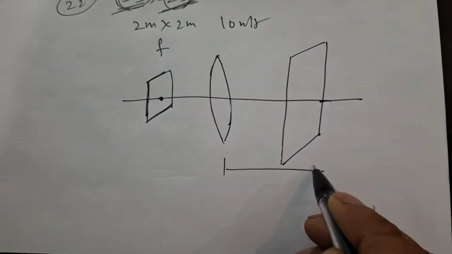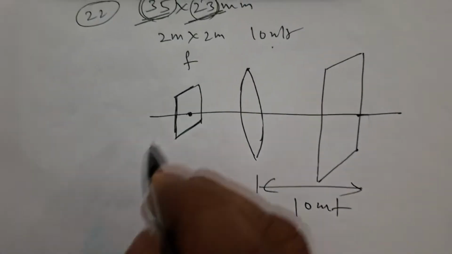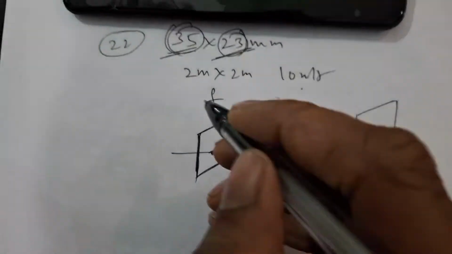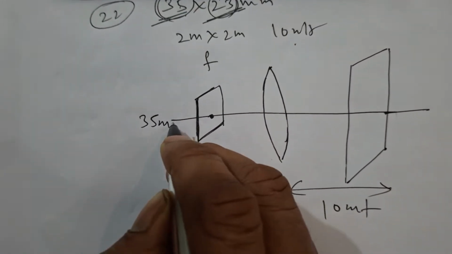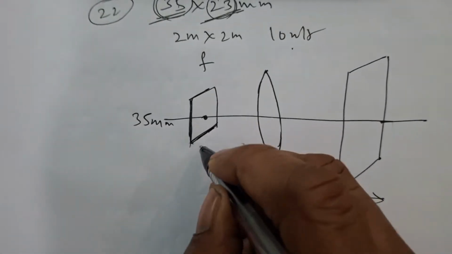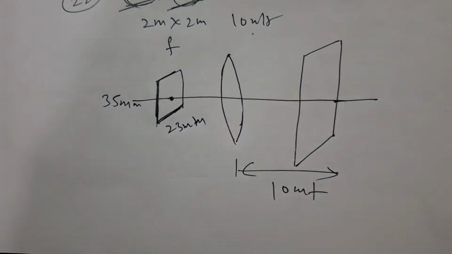This distance is given, 10 meter, and this is u. The dimension is given 35 and 23 millimeter.